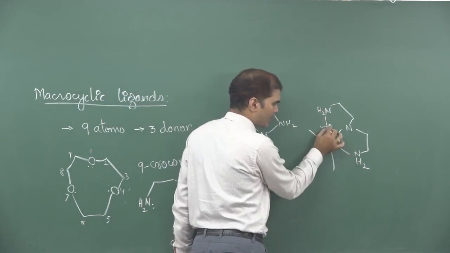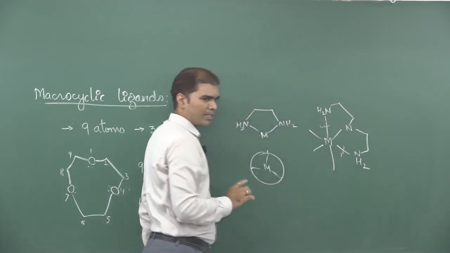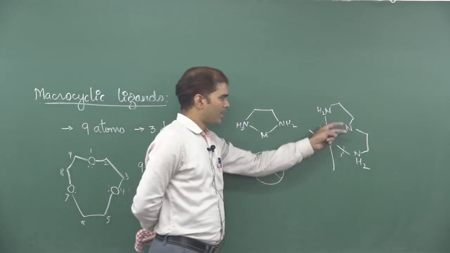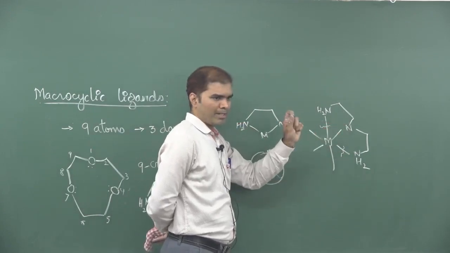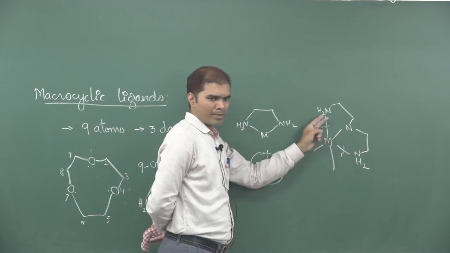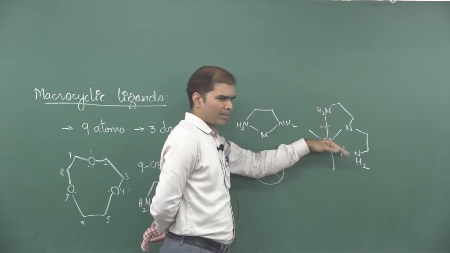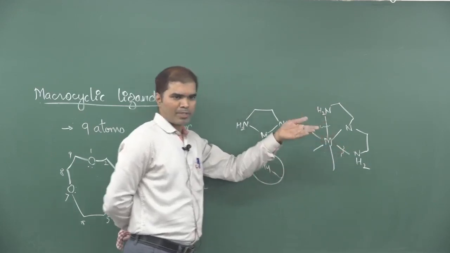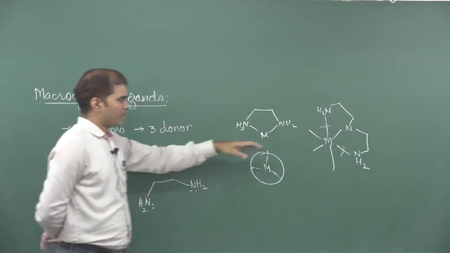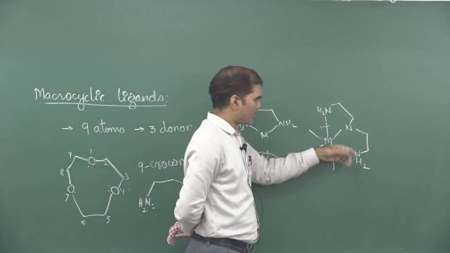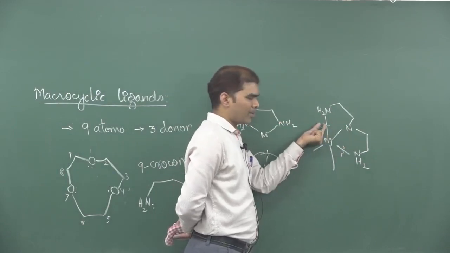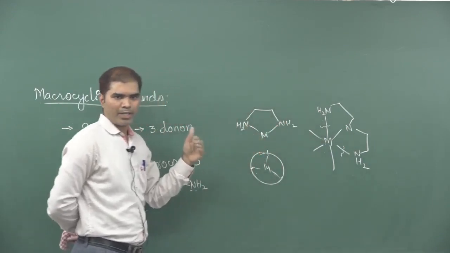But this is called a free end. What is that free end? Suppose if this chelating ligand wants to unbind from the metal, where does the unbinding start? The unbinding starts from here because it is outside. Whatever happens, first of all it will happen to the outside, inside is protected always. Likewise, now this is exposed, this is also exposed, it is like inside. It is much more secured. These are called free ends.